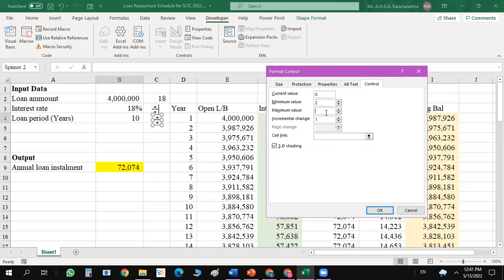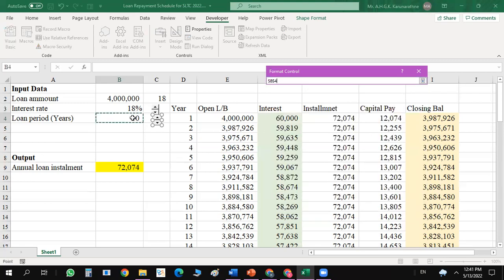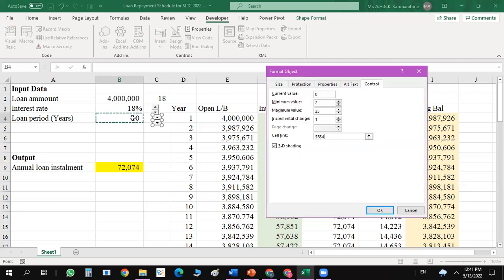Let's say from the bank's point of view the maximum lending period is 25 years, and the number of years should change in increments of 1 year. And the reference income cell we can link directly, because we can easily do it.